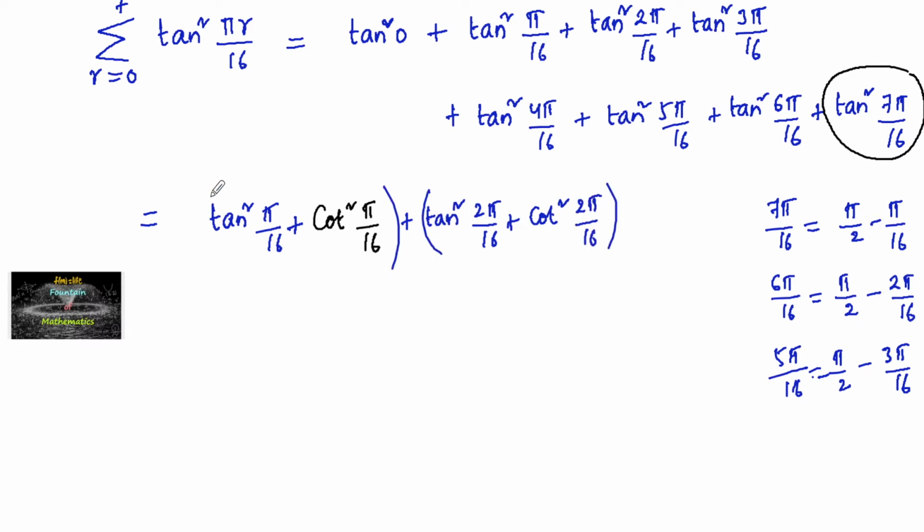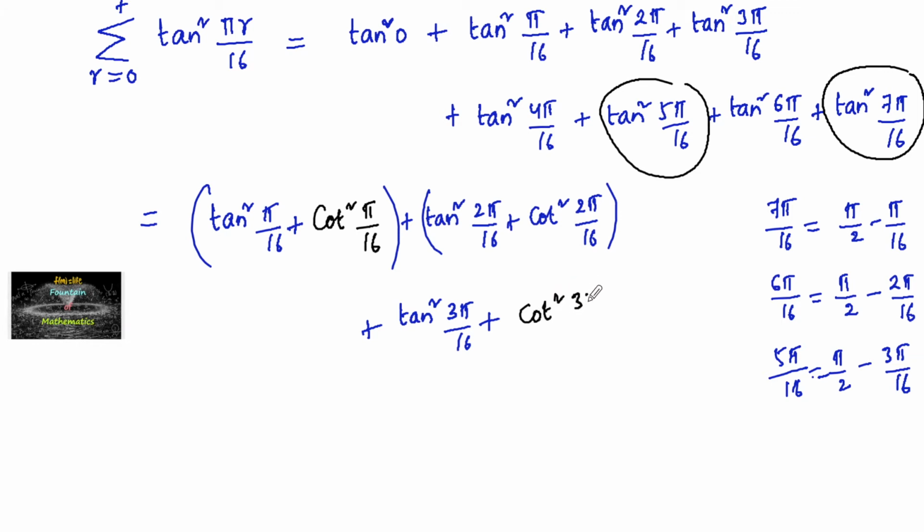This is one term, another term, and now plus tan square 3 pi by 16 plus, and here we can use tan square 5 pi by 16 as cot square 3 pi by 16, and tan 4 pi by 16 is tan pi by 4, it's 1, so we write 1 square.